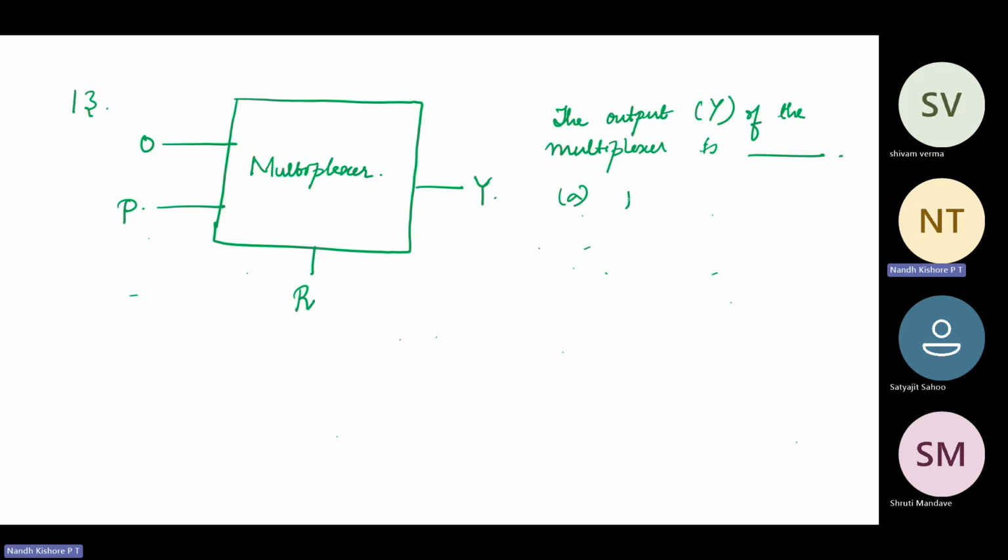Option A, P R dash; P dash R dash; P R; P dash R. So what is the answer?